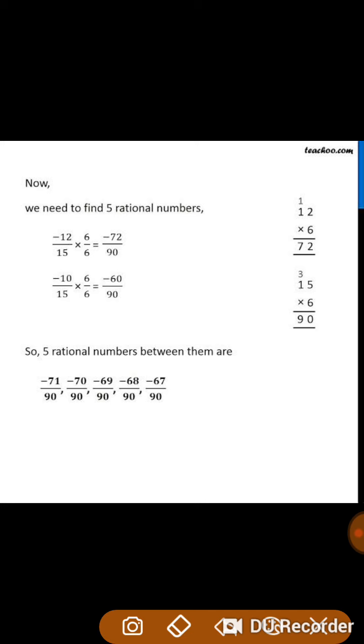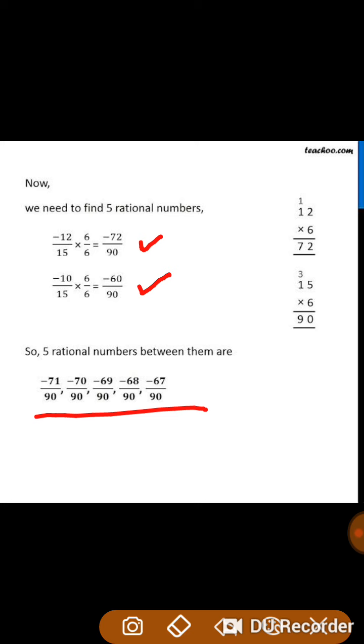So we will multiply both the rational numbers minus 12 by 15 and minus 10 by 15 by 6 upon 6 to make them minus 72 by 90 and minus 60 by 90. So the 5 rational numbers between the 2 rational numbers will become minus 71 by 90, minus 70 by 90, minus 69 by 90, minus 68 by 90 and minus 67 by 90.